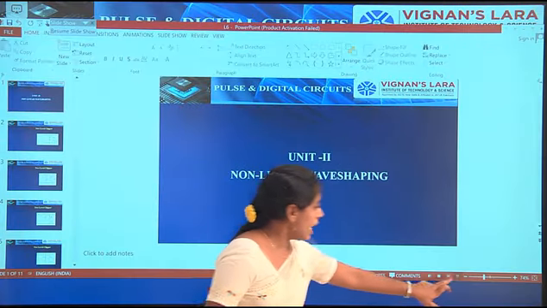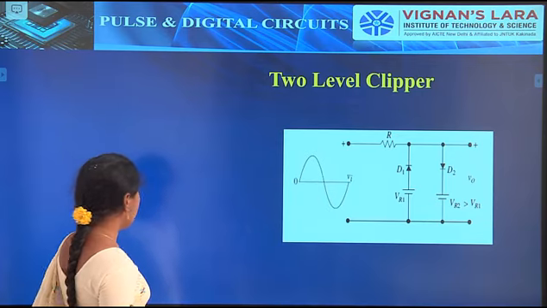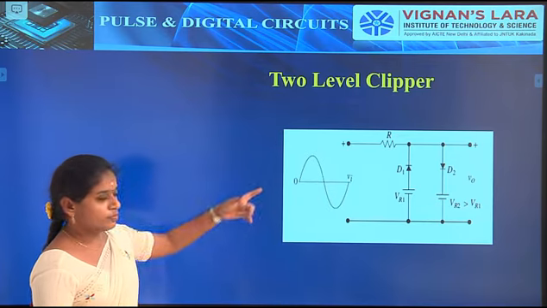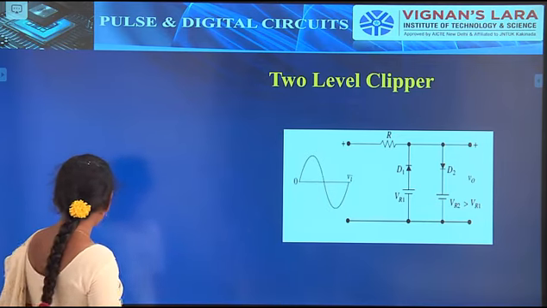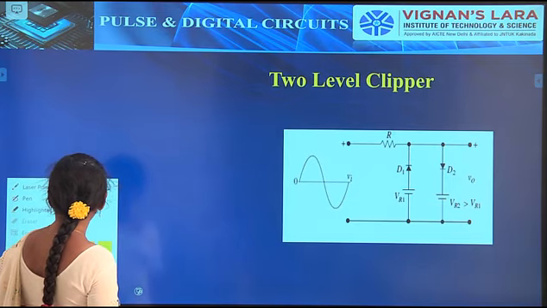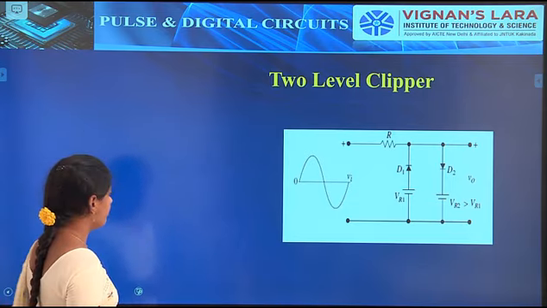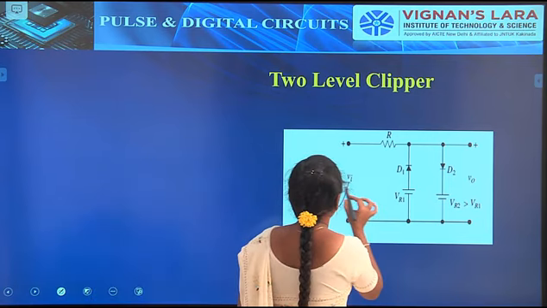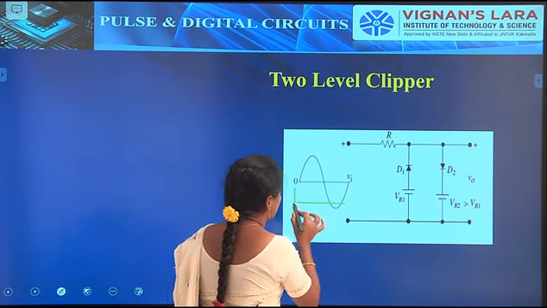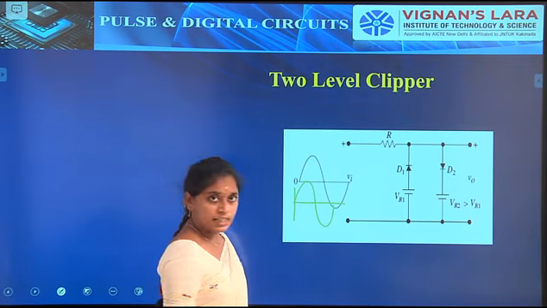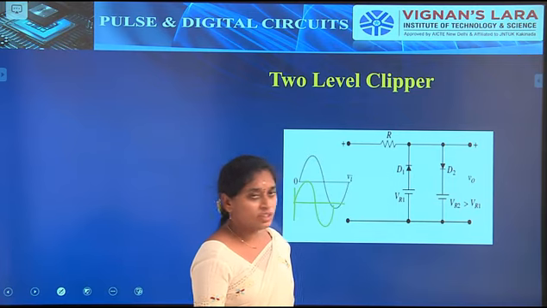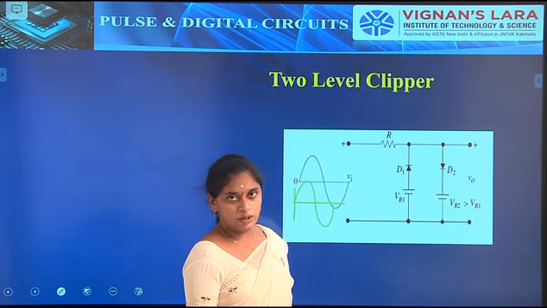In the two level clipper, we have to know that here the input is a sinusoidal input signal. This sinusoidal input signal is given to diode D1 as well as diode D2.